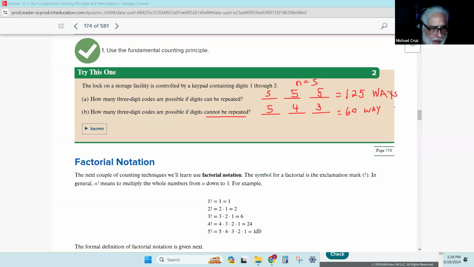For 3 factorial, the notation means we multiply 3, subtract 1 and get 2, multiply, subtract again until we get down to 1. So 3 times 2 is 6. That happens every time. That's the pattern of the factorial. The factorial notation is setting up this new kind of possibility to the counting principle, and that is cannot be repeated.